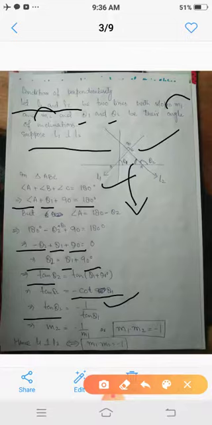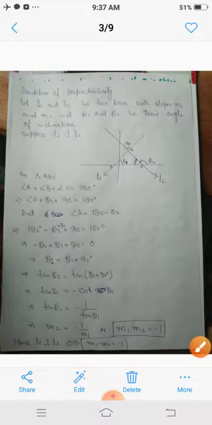But tan theta 2 is m2 and tan theta 1 is m1, which implies that m2 equals minus 1 upon m1, or m1 into m2 is minus 1. So this means that two lines are perpendicular if and only if the product of their slopes is minus 1. So this condition is a necessary and sufficient condition for two lines to be perpendicular.